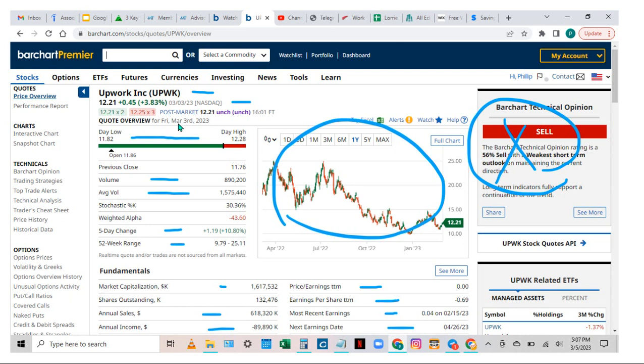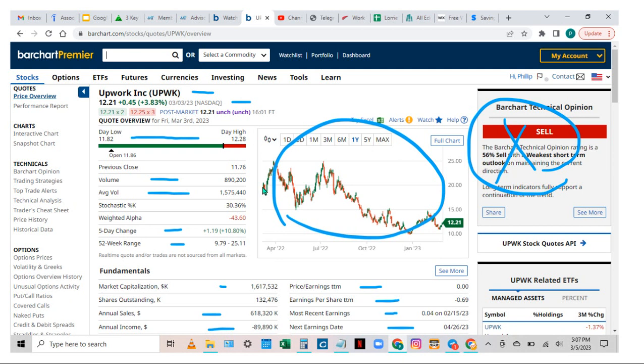Name of the company, closing price as of that day, the day's low, the day's high, how much volume traded that day, what the average volume would be, different 5-day change numbers, 52-week range, some basic fundamental information, market cap, sales, income, price earnings ratios, most recent earnings on February 15th, remember that date, and the next earnings date. And then here you've got just a 1 year basic candlestick chart.